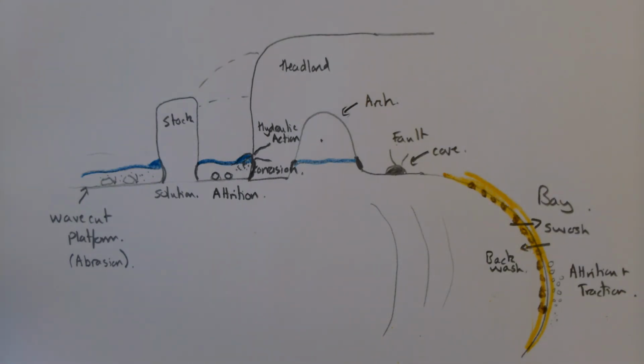So let's have a couple of questions here. What type of erosion is going to be acting on lines of weakness in a headland? Good, hydraulic action. And what type of erosion is going to be forming the wave-cut platform, that kind of nice horizontal, smooth platform around headlands? Yes, abrasion, as that rocky material is rolled backwards and forwards by the waves.